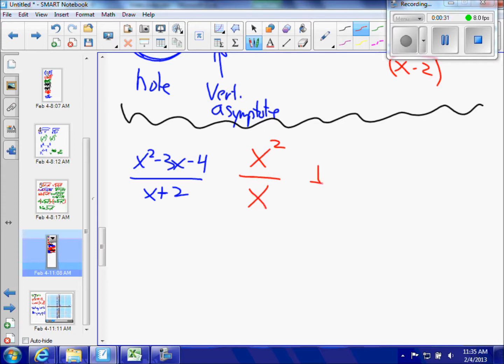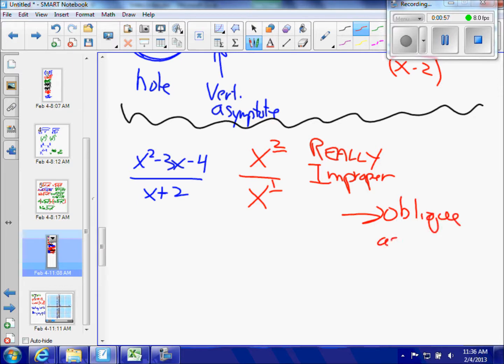So this is improper. In fact, this is really improper. I have a heavier weight above a lighter weight. If it was just improper, they would be the same weight. But this is really improper. So really improper means I'm going to have an oblique asymptote.